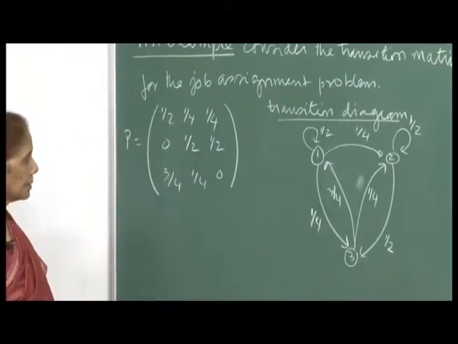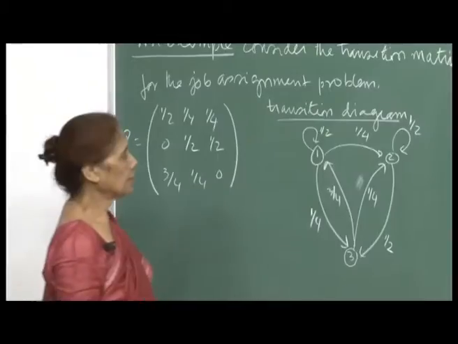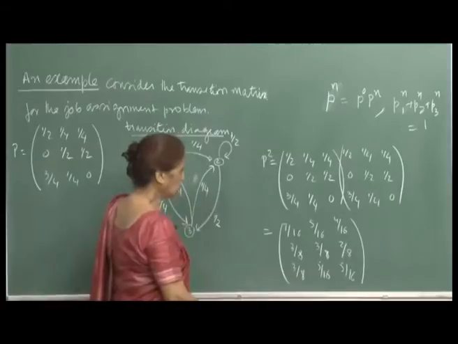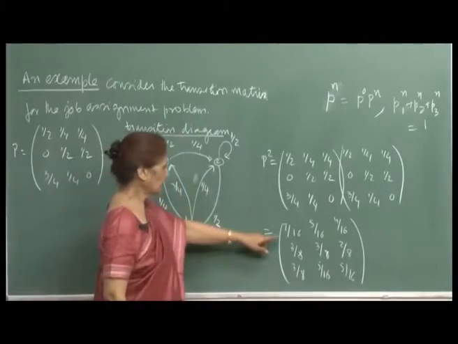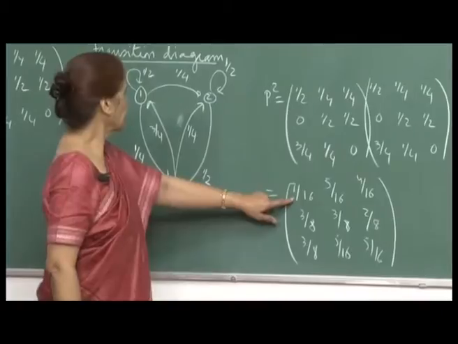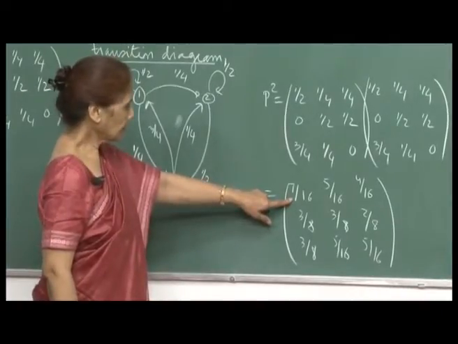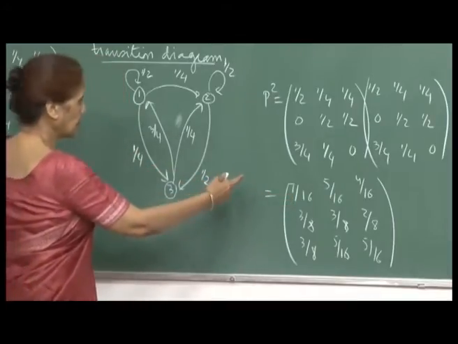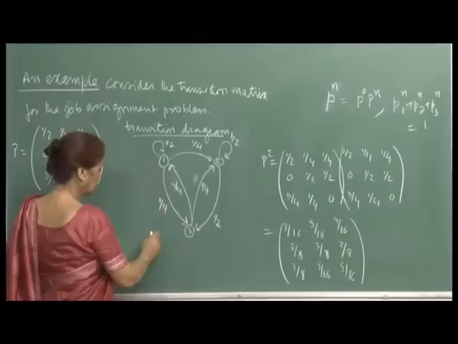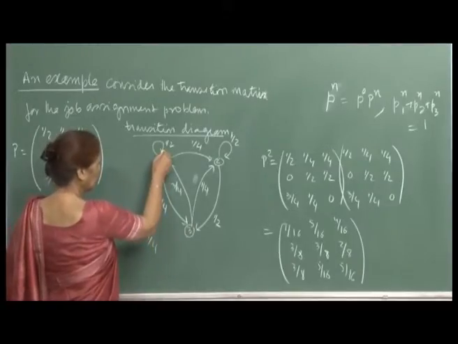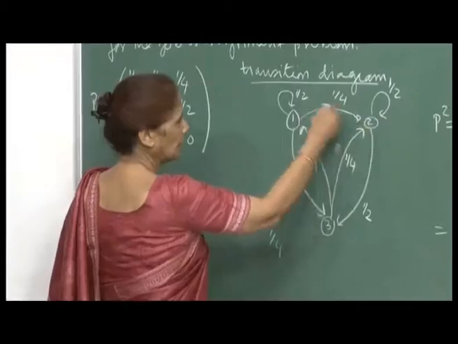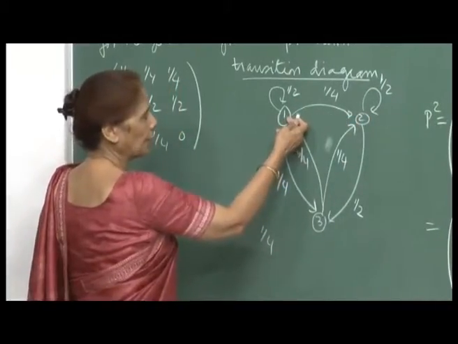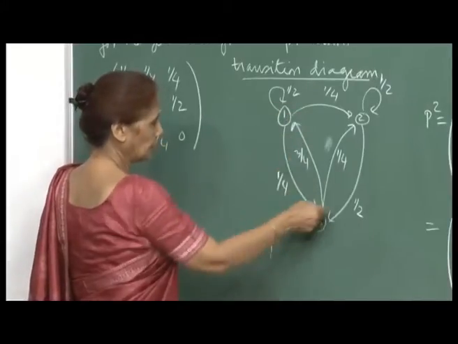Now, let us compute second order transition probabilities. I multiply P with P and I get these numbers. For example, here you can transition from 1 to 1 in 2 steps. If you want to see it on the path, it will be 1 by 4 into 1 by 4, plus, you can't go to 2 in a 2 step transition, because then you can't come back to 1, so you can go to 3 and then 3 to 1.